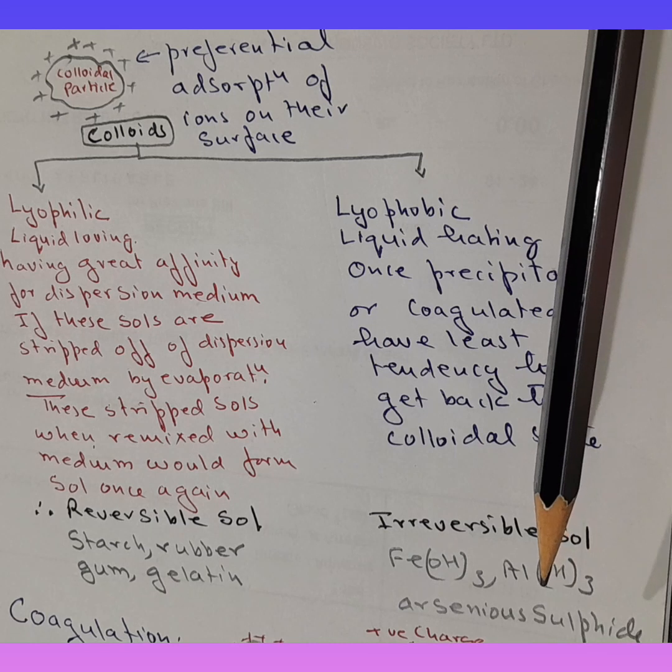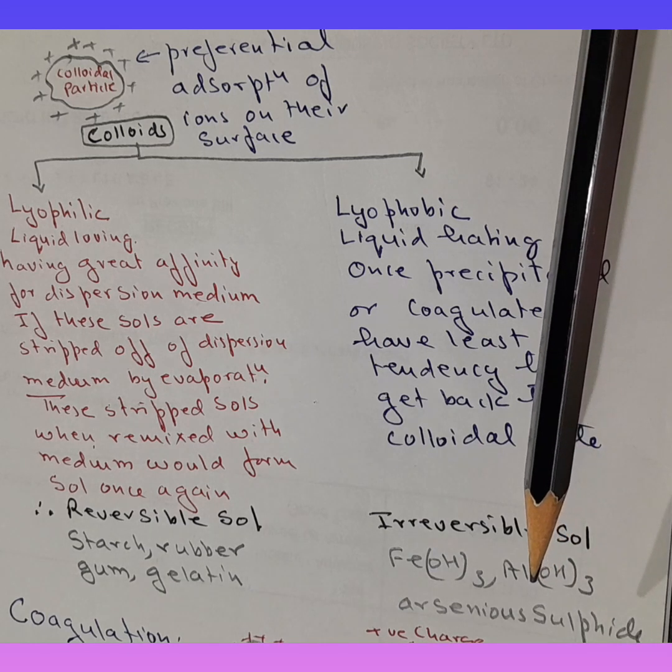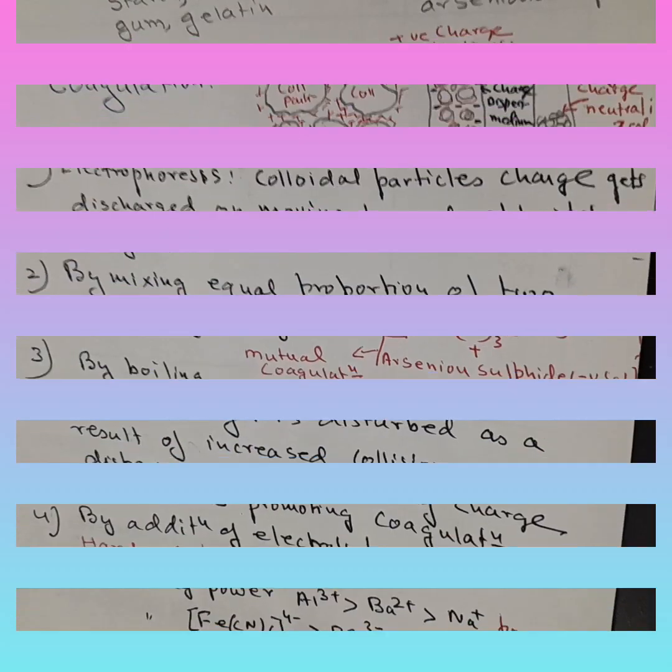Alright, now let's get into the actual theme, that is coagulation. Let's understand the charge-wise situation of colloids. These are the colloidal particles which I have just magnified over here. Now we are assuming that it has preferentially adsorbed positive ions, or rather cations, on its surface.